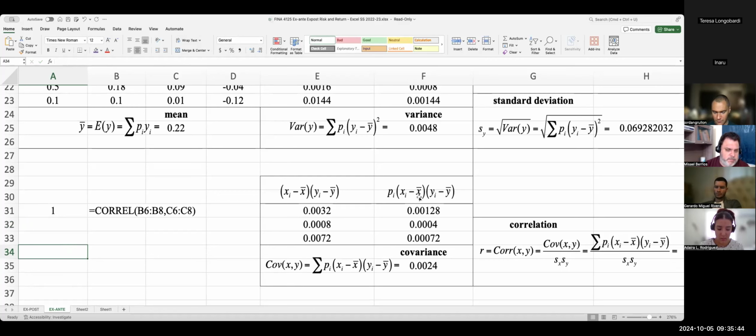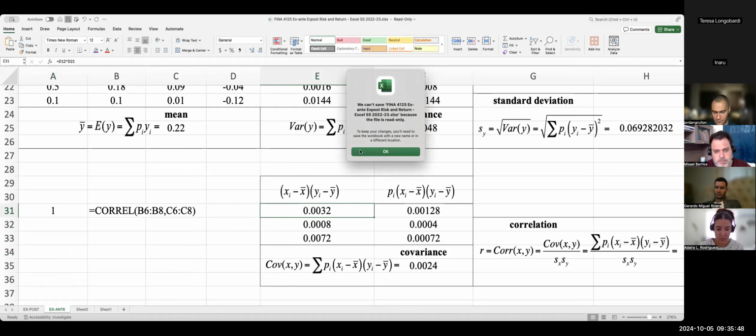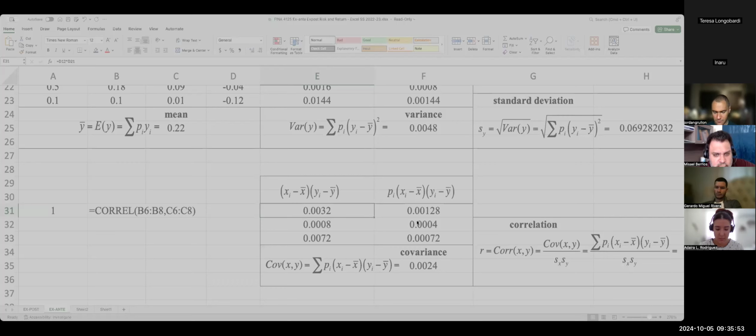Let me go back to that's what this table is for, to help you just plug in. In case you want a copy of this, I have it called FINA.